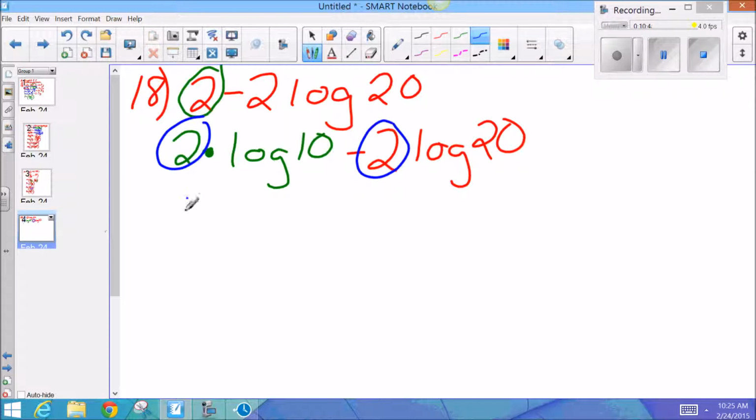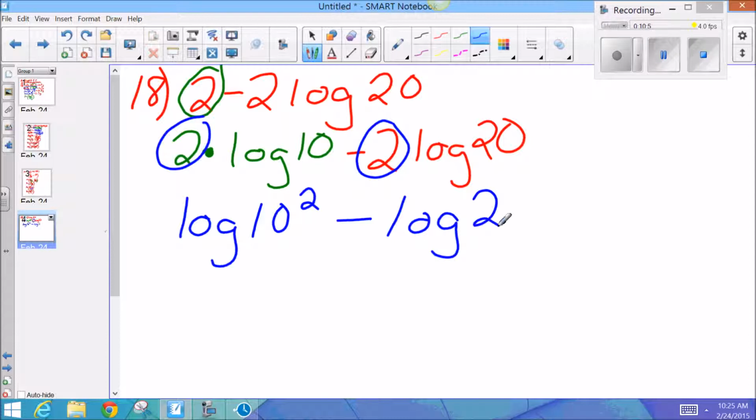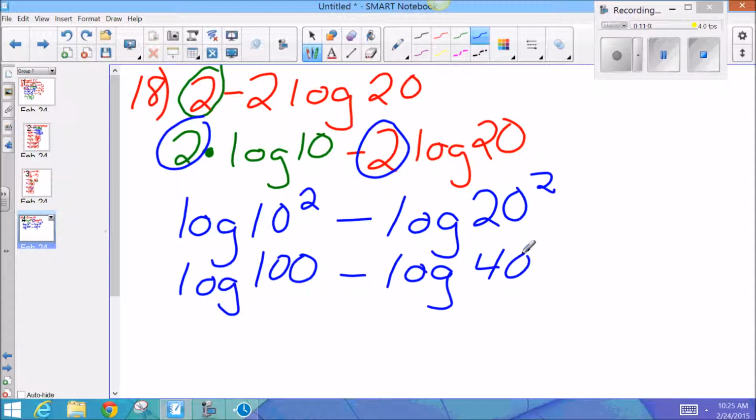All right, so that becomes log of 10 squared minus log of 20 squared, okay, which is equal to the log of 100, subtract the log of 400. And now I've got them both in strict log form.